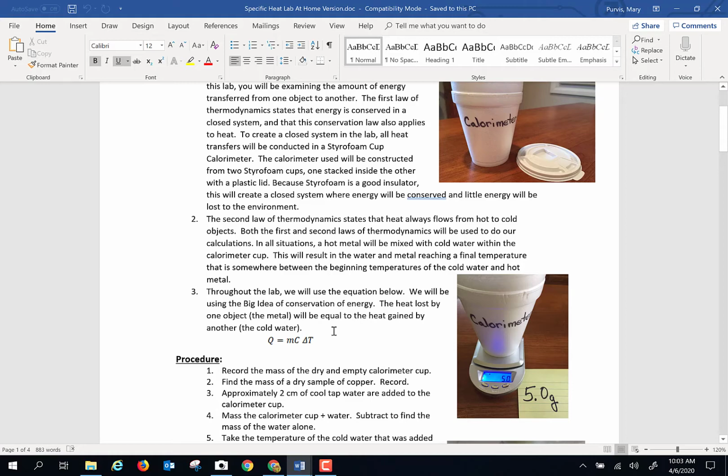So whose or what is going to lose heat? Well, we're going to have hot metal that's going to lose heat, and it's going to be gained by cold water. And for each half of that equation, we're going to use this basic equation. Quantity of heat is mcΔT, where c stands for specific heat and ΔT is change in temp.